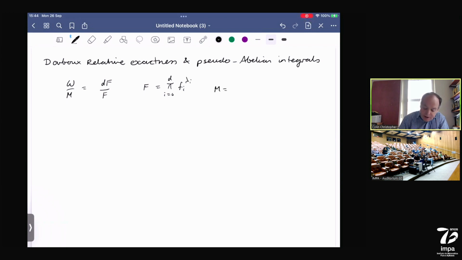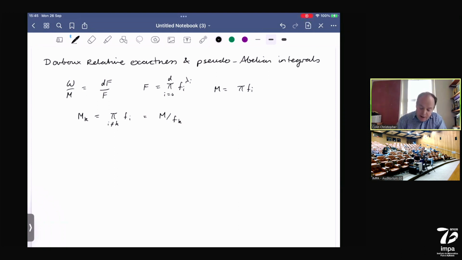M is just going to be the product of those polynomials to the first power. And in this lecture, we're going to also use this notation M_k going to be the product of all the f_i's, i not equal to k. So in other words, it's just going to be M divided by f_k, which we'll use later on.